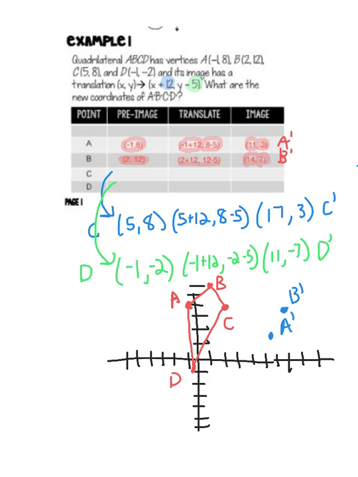C prime is going to be at 17, 3. And then lastly, D prime is at 11, -7.